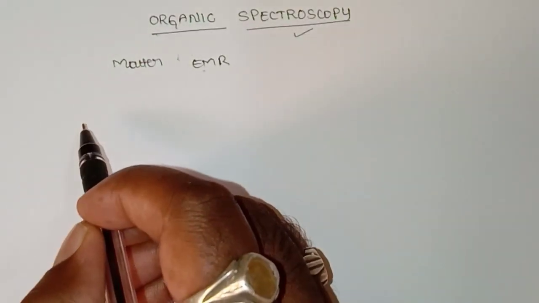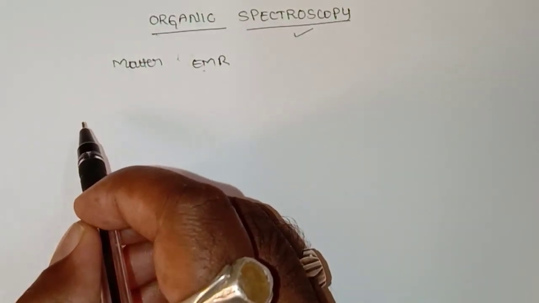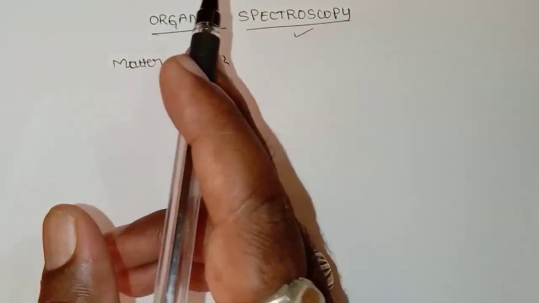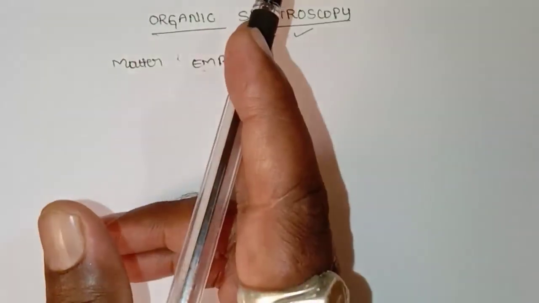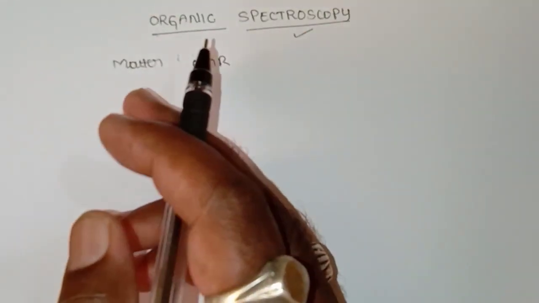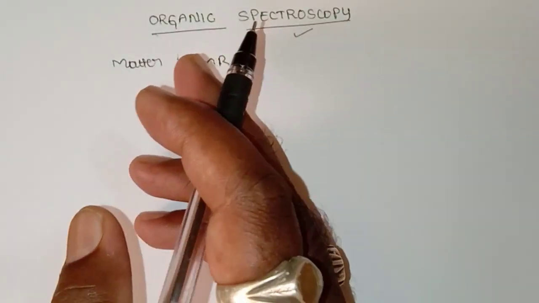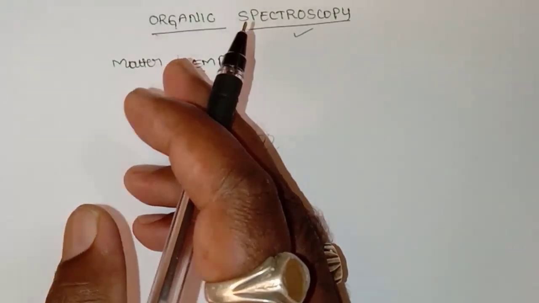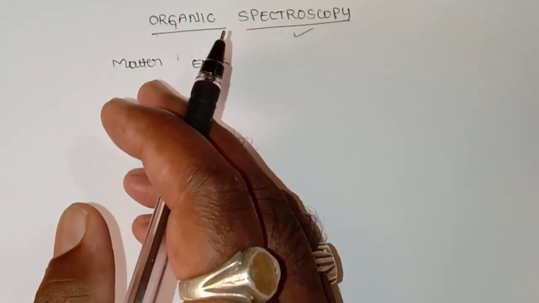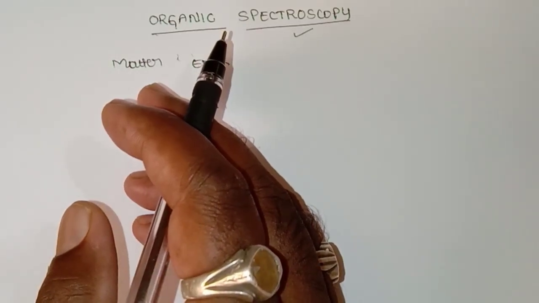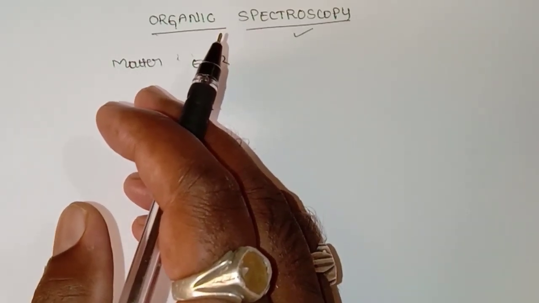But one doubt may come into our mind. Why should we only use the spectroscopic technique for the elucidation of the structure of a molecule? Why can't we go with some other method like X-ray diffraction? So in order to know the main advantages of the spectroscopic technique in determining and identifying a substance, that should be known.